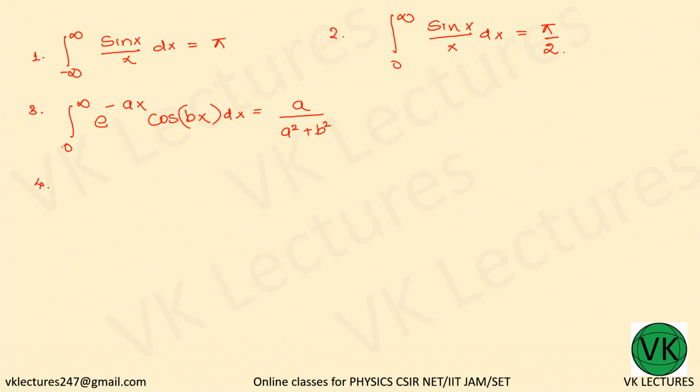Fourth one, integral from 0 to infinity e to the power minus ax into sin bx dx equal to b divided by a square plus b square.